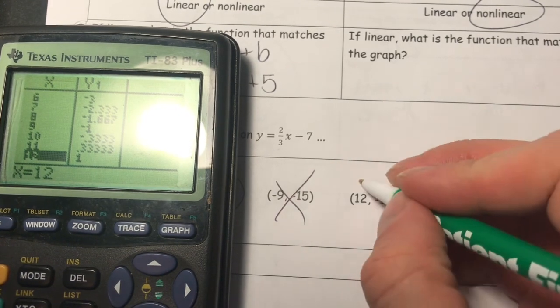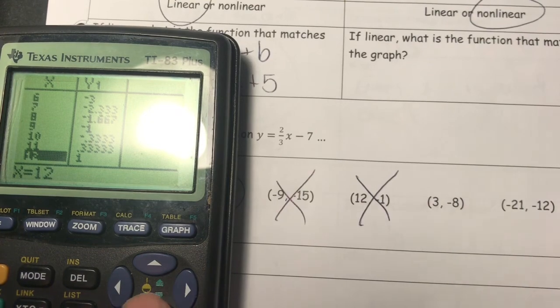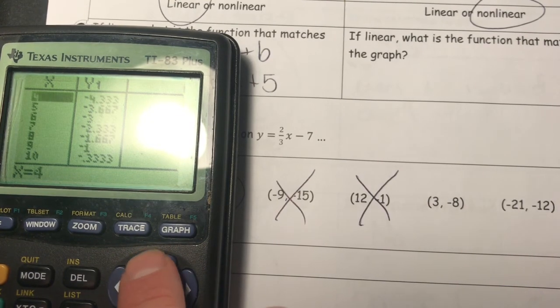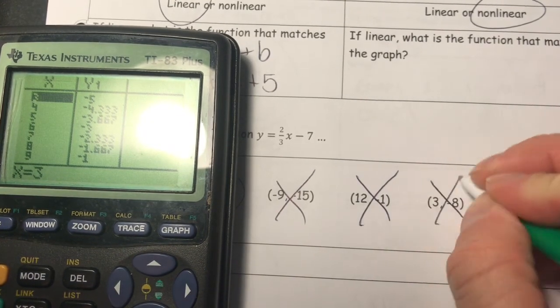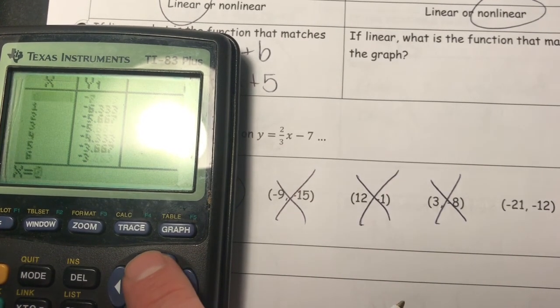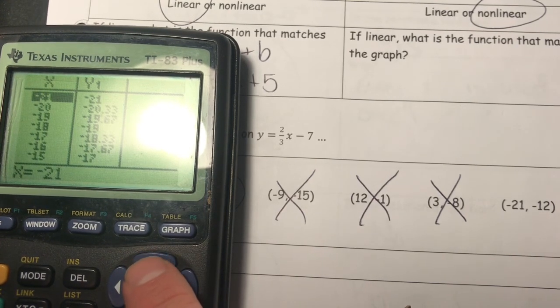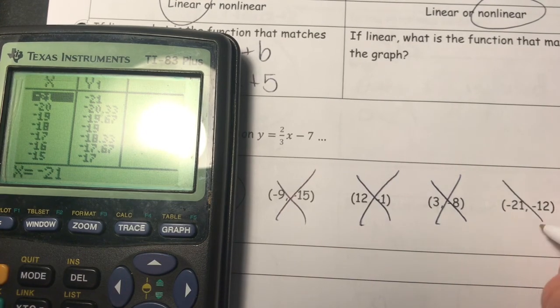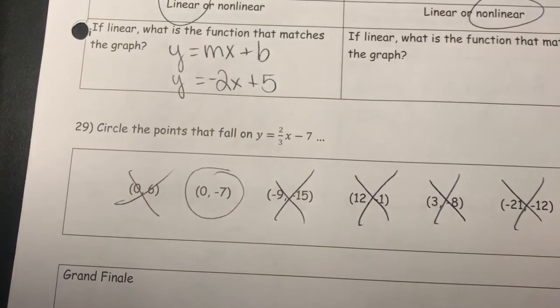Nope. I have 3, negative 8, 3... Nope. It's almost as if I designed this thing for failure. Oh boy. Negative 21 is negative 21. Well, there you have it.